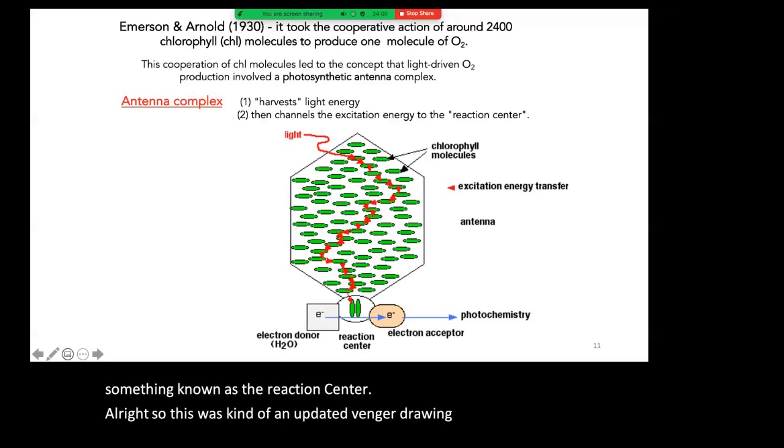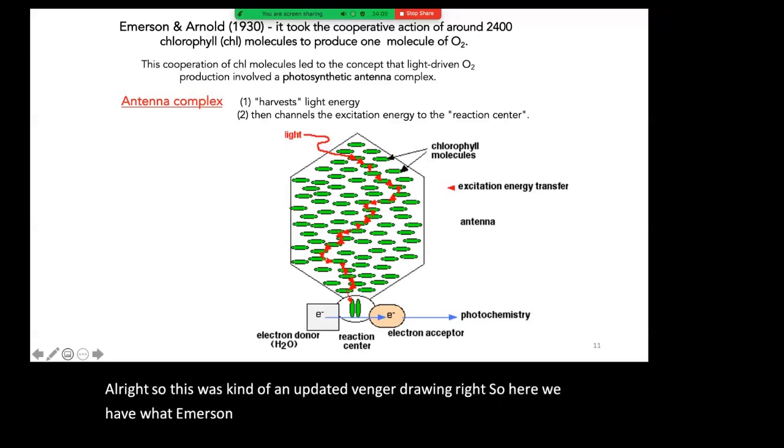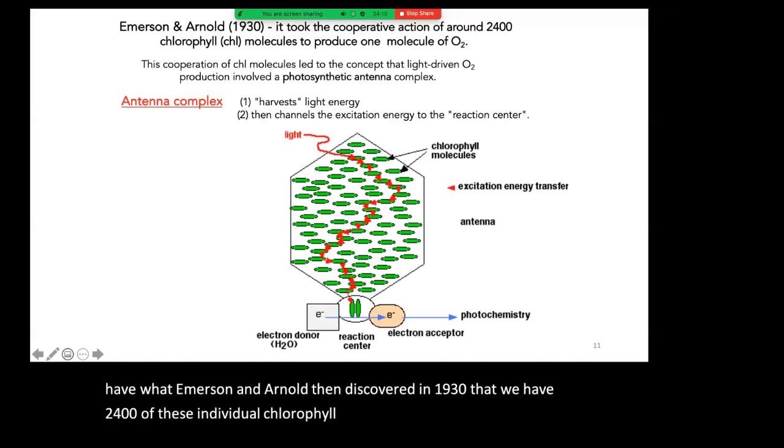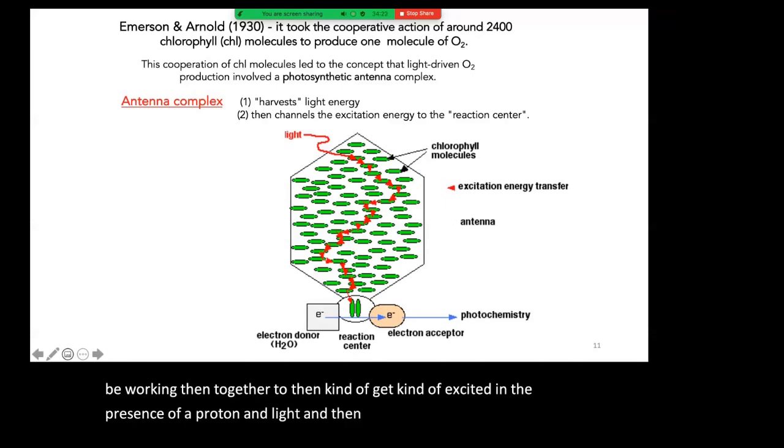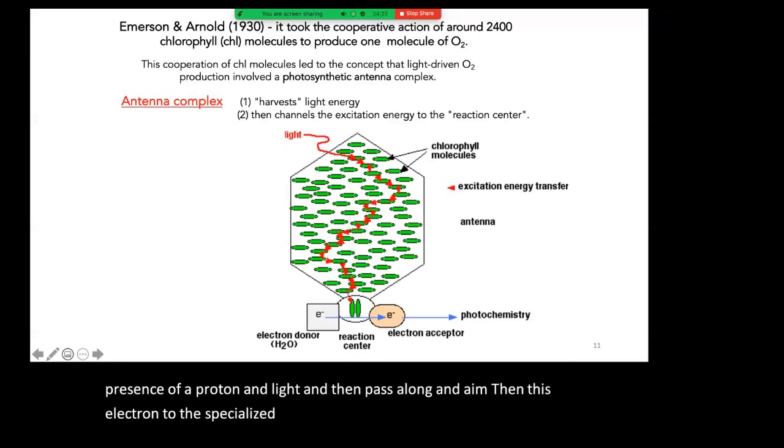Here we have what Emerson and Arnold discovered in 1930, that we have 2,400 of these individual chlorophyll molecules. They're all working together to get excited in the presence of a photon and light, and then pass along and aim this electron to this specialized reaction center where we have our electron donor, which is water.